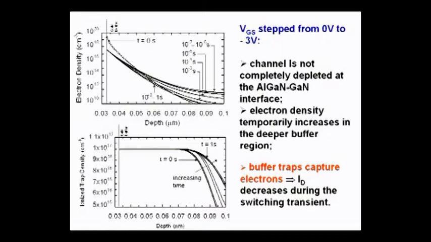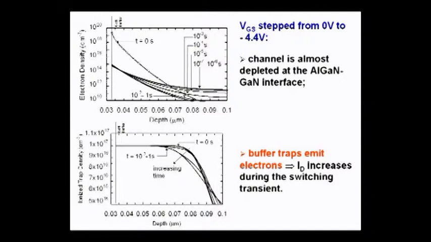We can see from here that the ionized trap density of traps in the buffer is increasing. This tells us that they are capturing electrons, and this explains the decrease in the ID transient shown in the previous slide.